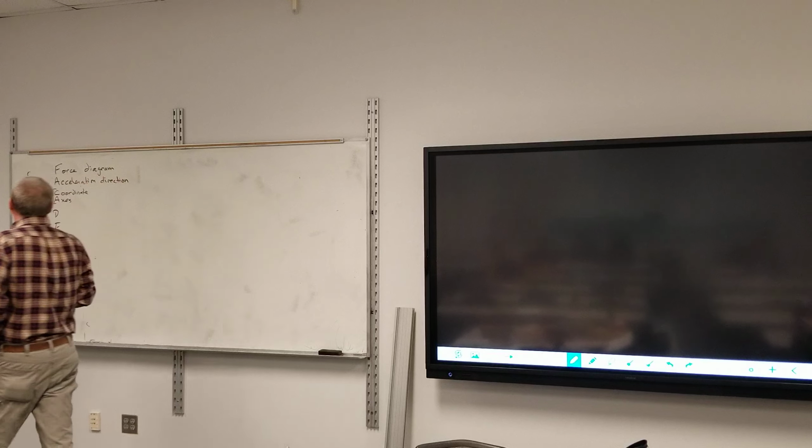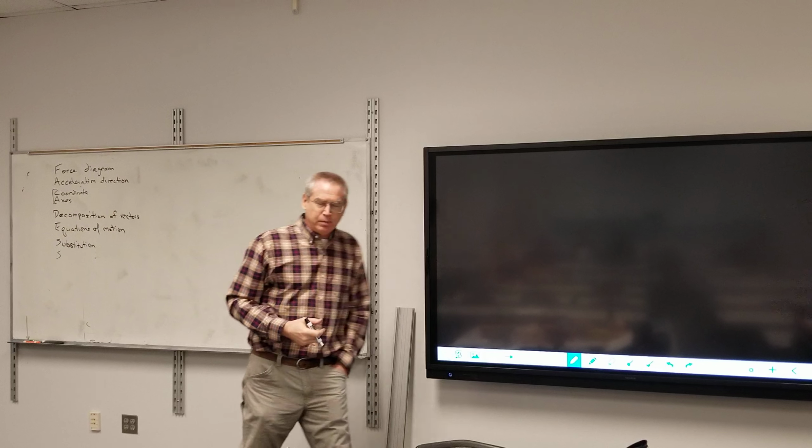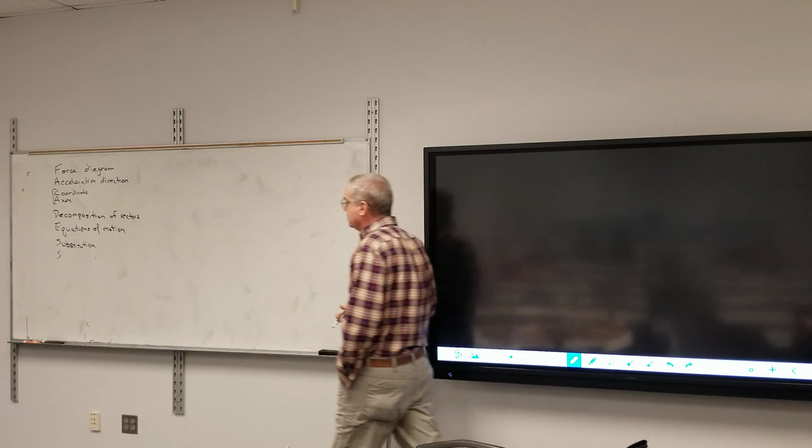Then you come up with the equations of motion. This is application of Newton's second law. Equations of motion is not directly related to chapters 2 and 3. Then there's the substitution. Because there are some formulas which are independent of the particular problem, such as weight is equal to mass times acceleration due to gravity.